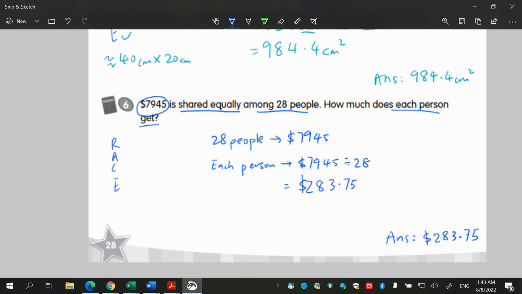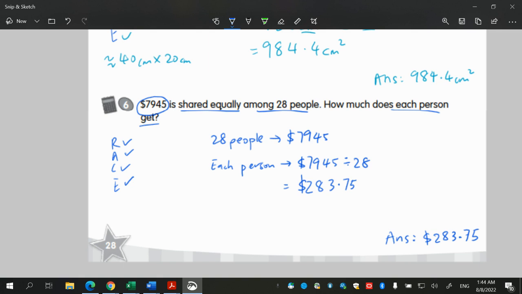So a few things to take note. Very quickly, I already read and completed using division. I decided to go with the unitary method, but I will be very clear with my writing, showing how I put people and the relationship of the money divided by 28 because of the sharing. And let's check the transfer of my working numbers. 28. Alright, check my calculator.